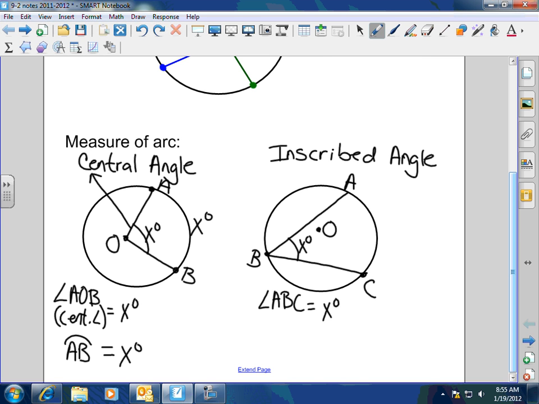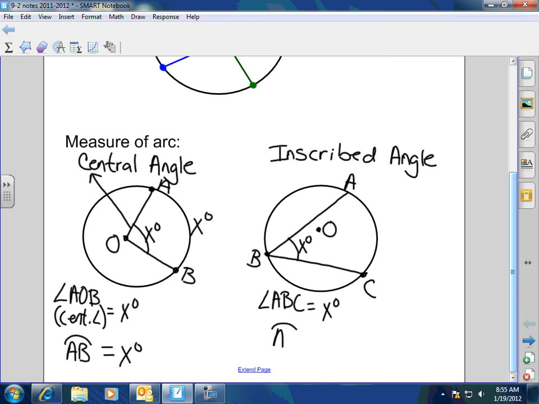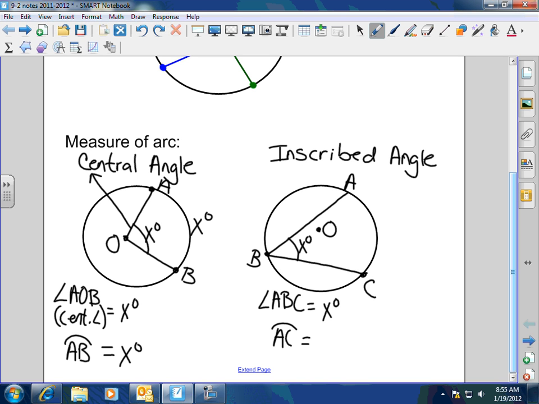Then arc AC is going to equal twice the inscribed angle, 2x degrees. So if ABC is 40, arc AC is 80. Vice versa. If arc AC is 100, then angle ABC is 50.